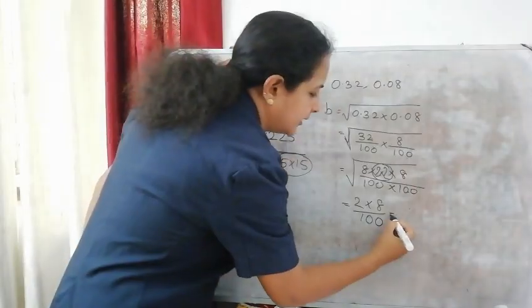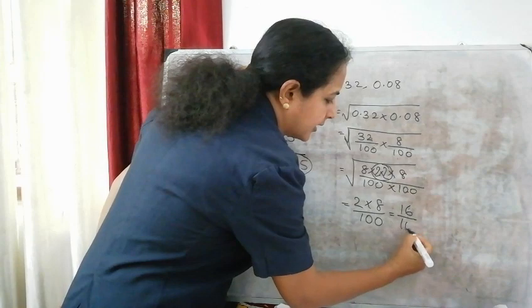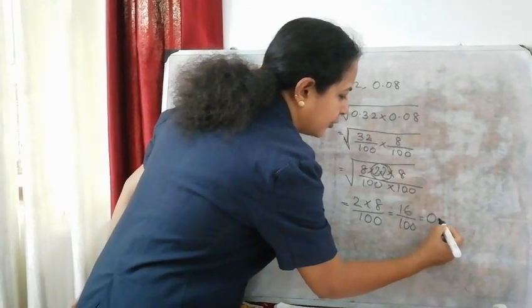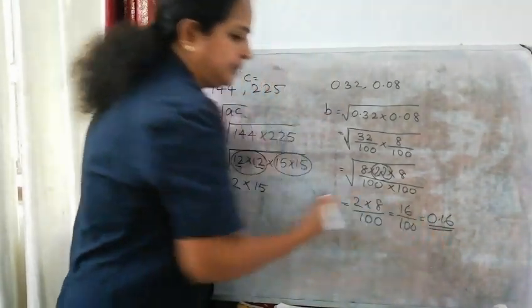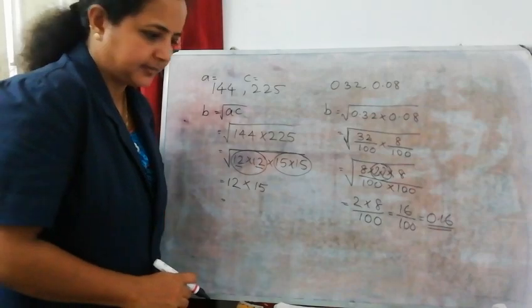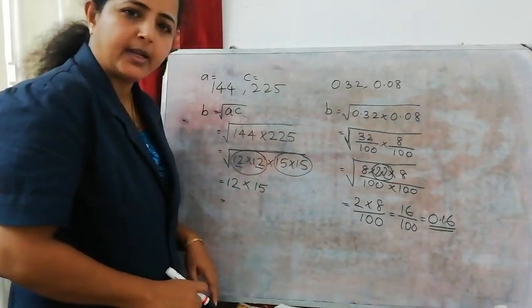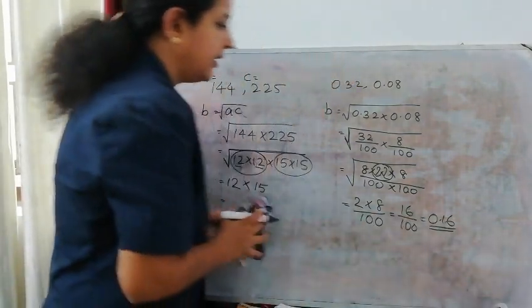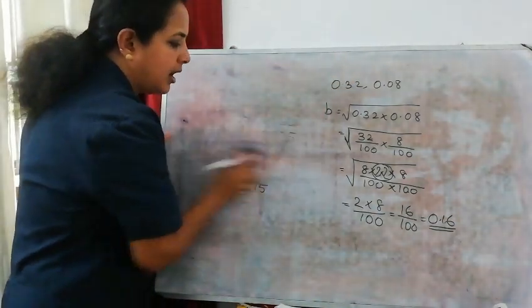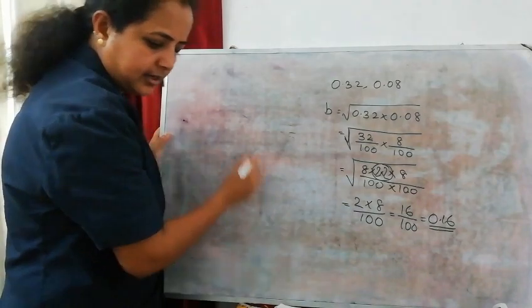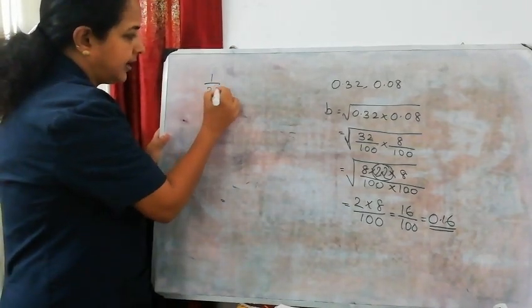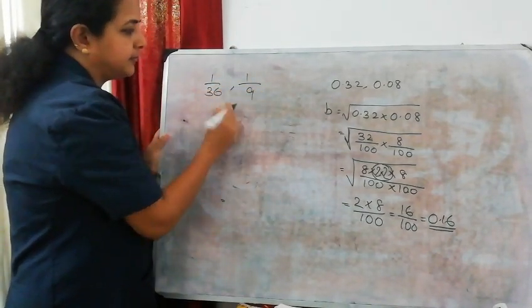Then 2 eights are 16 by 100, and 16 by 100 is 0.16. Clear? The next is 1 by 36 and 1 by 9. In the same way, you multiply and find the square root.